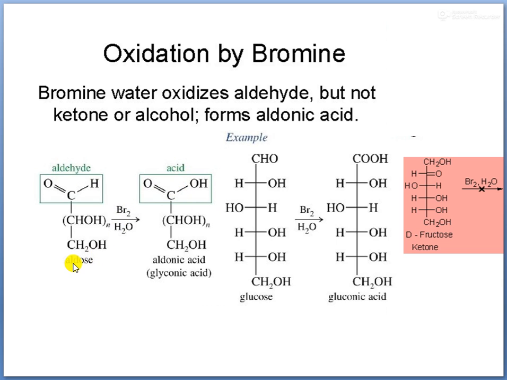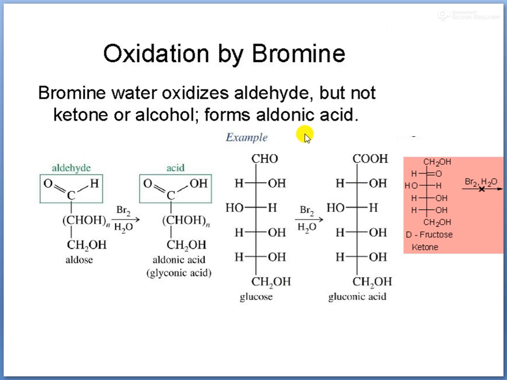Here you can see an aldose being converted to aldonic acid, or glyconic acid. Another example is the conversion of glucose. Glucose has a CHO at the first carbon, and this is converted to a COOH group using bromine water. So glucose is converted to gluconic acid.